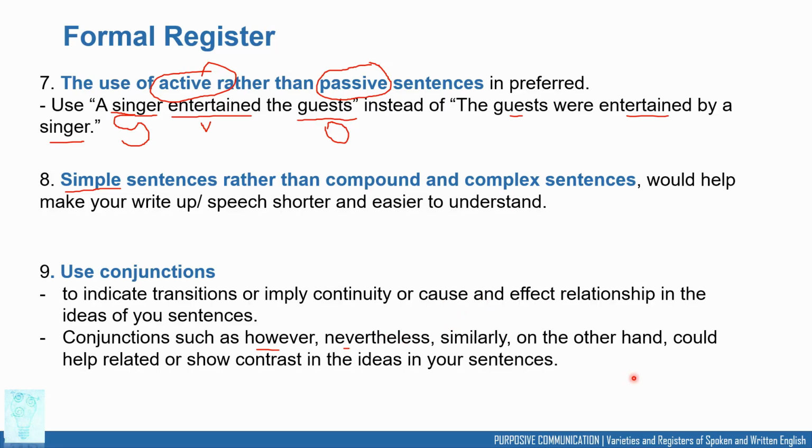You can read formal register articles, like academic articles. This is very common, no? And you'll know it sounds formal. However, this is what happened. So use conjunctions to indicate transitions or to imply continuity or cause and effect relationship in the ideas of your sentences.